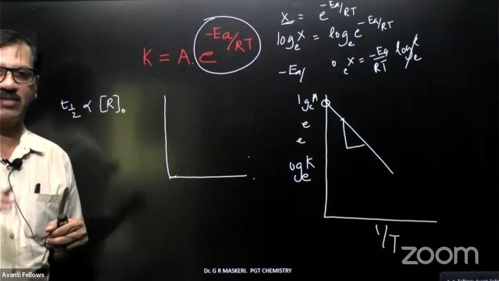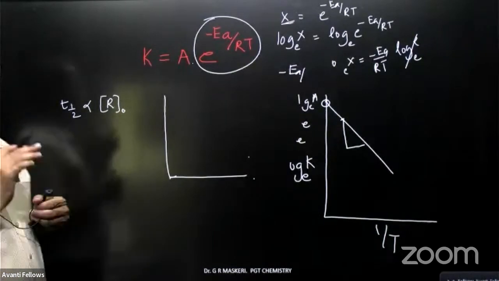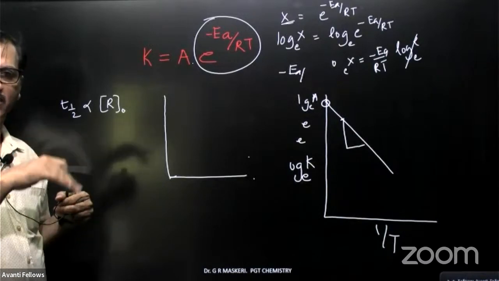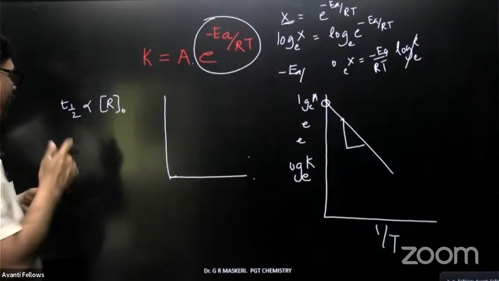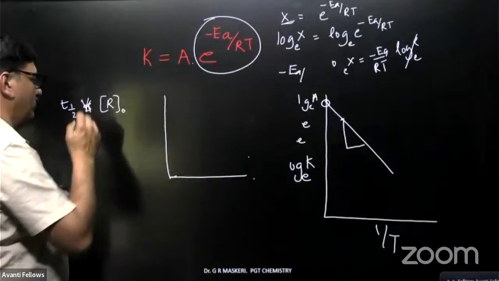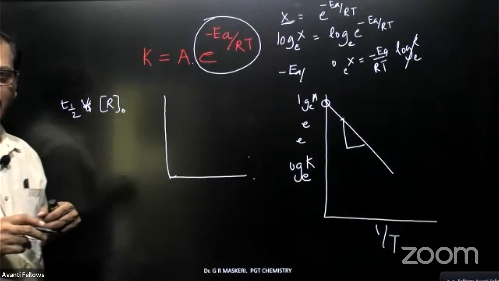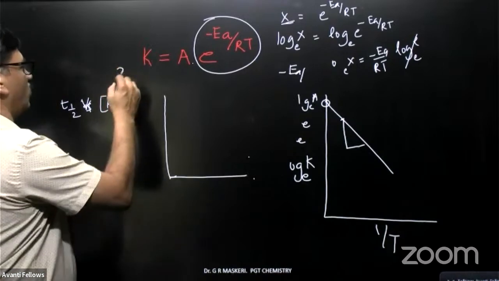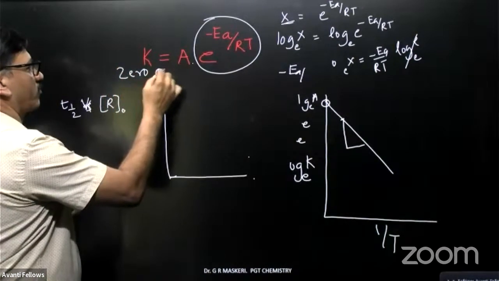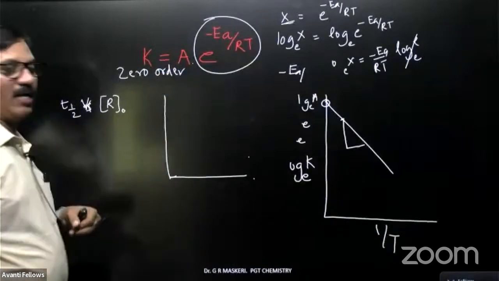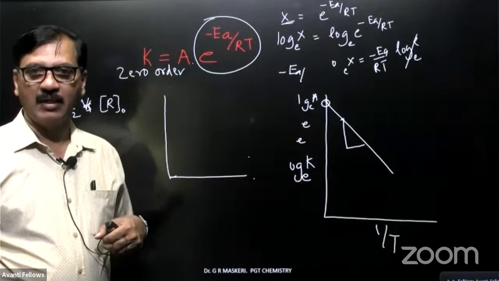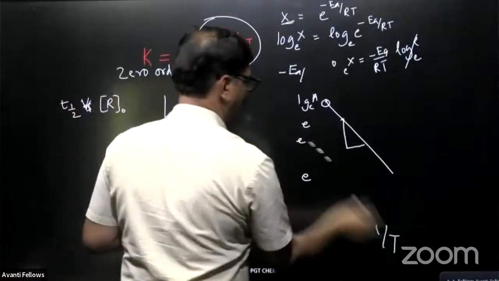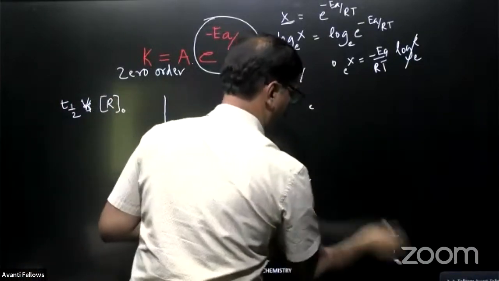When the half-life period is drawn versus initial concentration, how could the graph be for the zero order reaction and the first order reaction, and write the slope of it? It may be asked like that. Then how will you write?